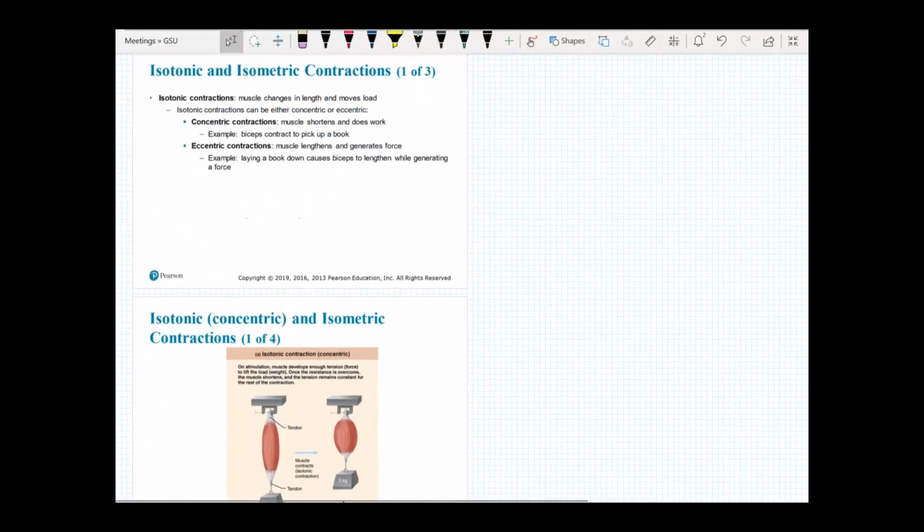So here's two terms called isotonic and isometric contractions. So this is really interesting. We're going to talk about isotonic first. So an isotonic contraction, first we're going to look at the name. Iso means same, tonic.